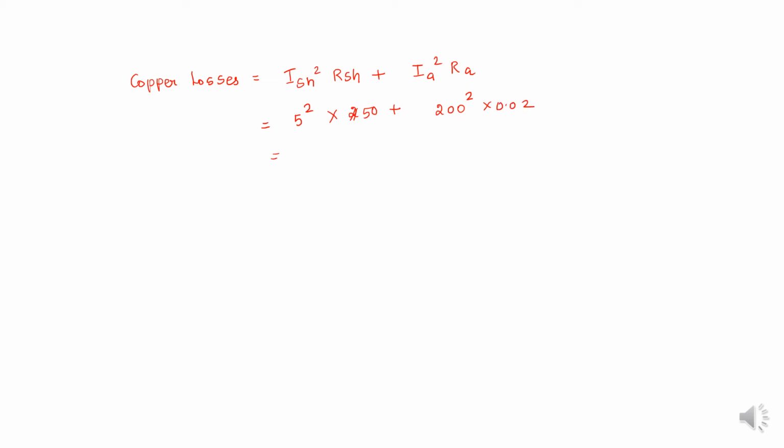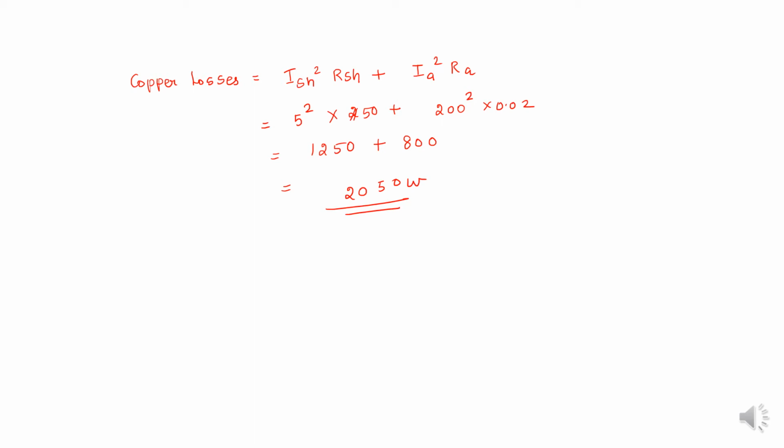What about 5 square into 50? That is 25 into 50, 1250, plus 200 square into 0.02, that is 800. So you have to add both, then 2050 watt. So copper losses is known. Copper losses is 2050 watt.